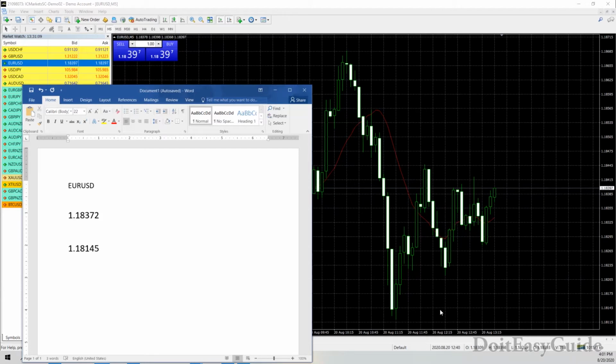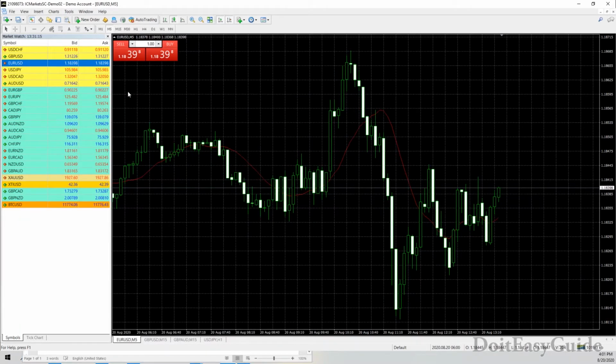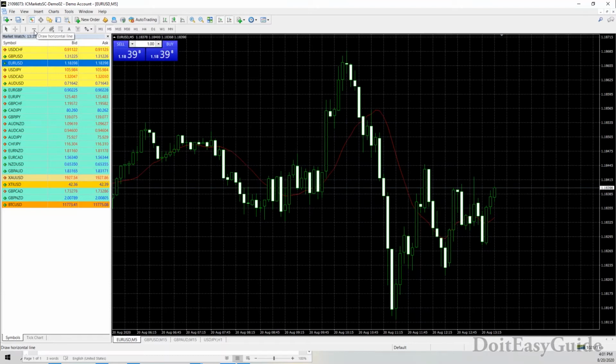Actually, we have this small symbol. We have a tool to draw a horizontal line. Once you get it, you can just click, then it will place a horizontal line. And if you want to move it, you can just double click on it and move it.